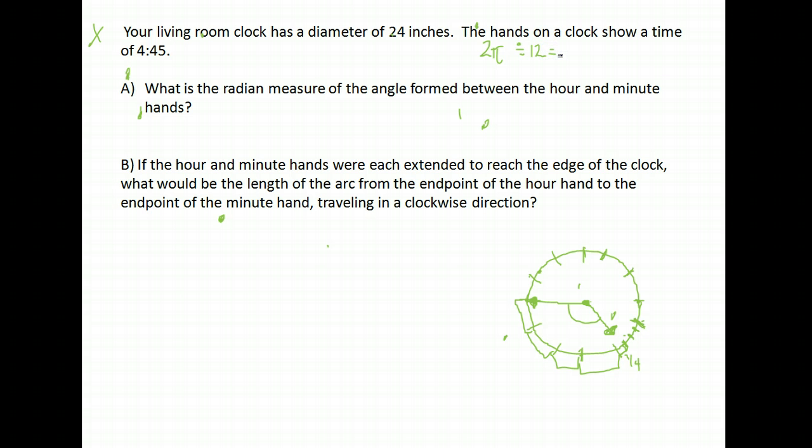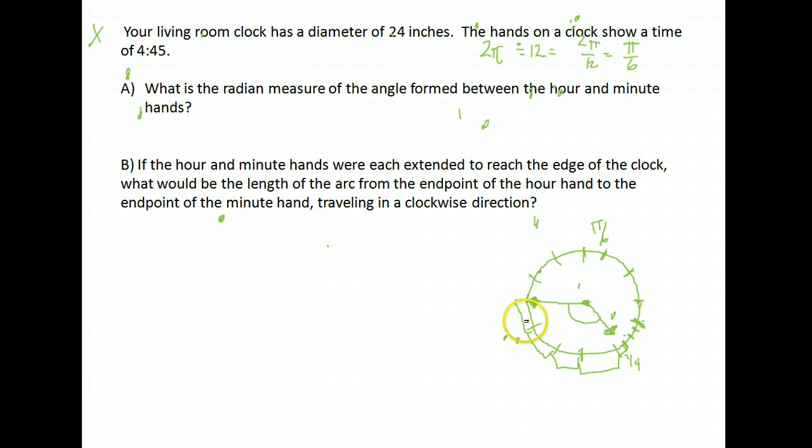So we're going to take our 2 pi and divide it by 12. I'll just put it in fraction form and reduce it, pi over 6. So each of these sections is pi over 6 radians from the center of the circle. Its angle measure is pi over 6.